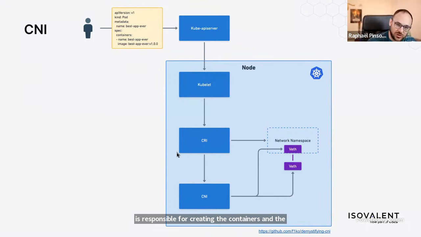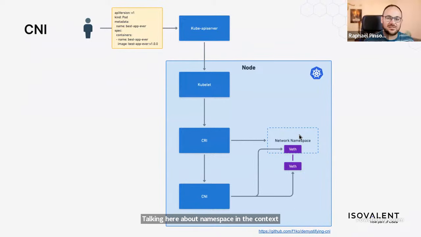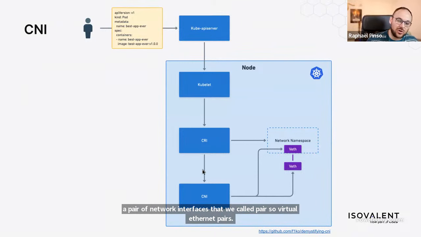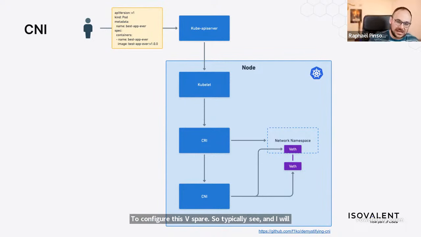So the kubelet will call the CRI, and the CRI will create the network namespace. Talking here about namespace in the context of the kernel, right? Not a Kubernetes namespace. And a pair of network interfaces that we call VETH pair, so virtual Ethernet pairs. And then CRI will call CNI to configure this VETH pair. So typically CNI will assign MAC addresses, will assign IP addresses to the VETH pair.